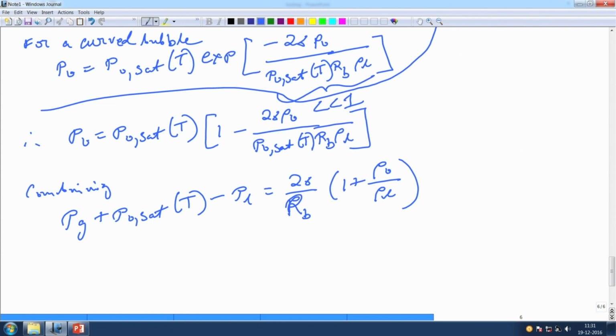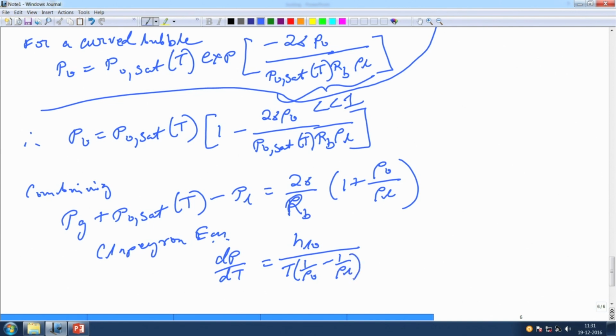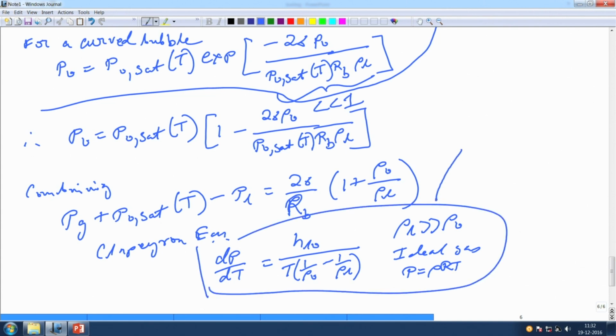Okay. Now, we can make use of the Clapeyron equation, which gives you dP by dT equal to HLV by T into 1 by rho v minus 1 by rho L. Now, you know that rho L is much greater than rho v, and you can also invoke the ideal gas assumption, P equals rho R T. So, combining all this will give you dP by P is equal to HLV divided by RG T square dT.